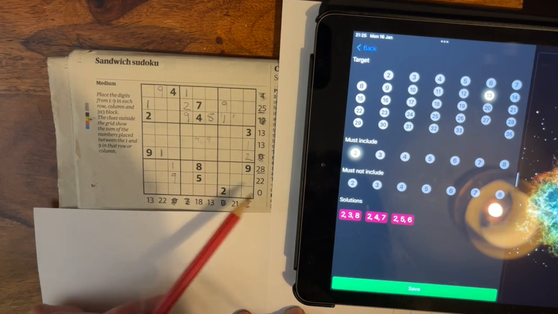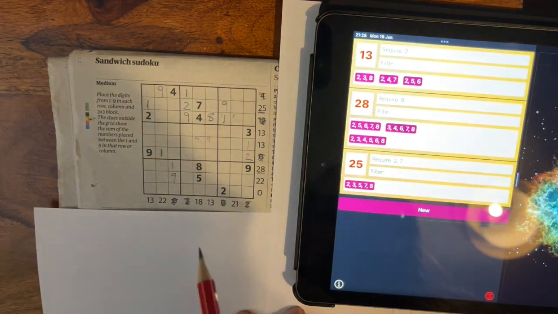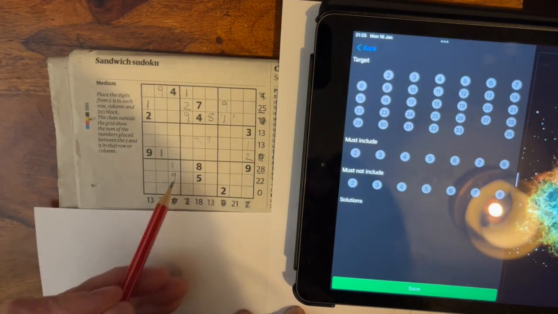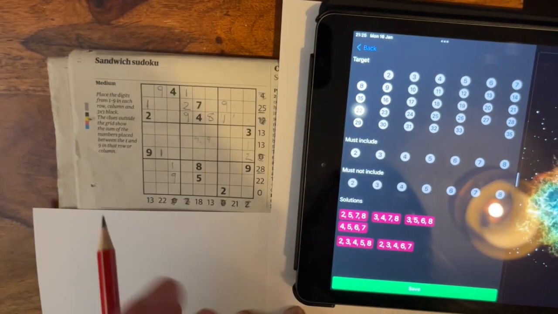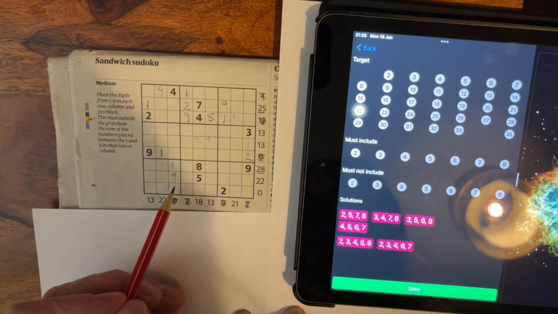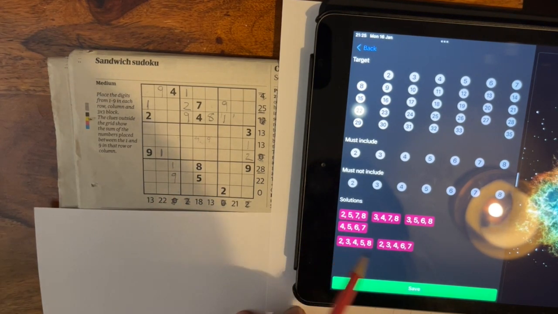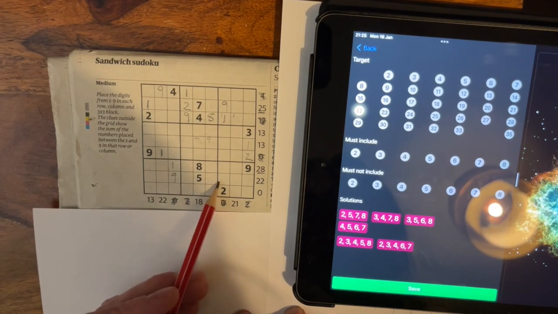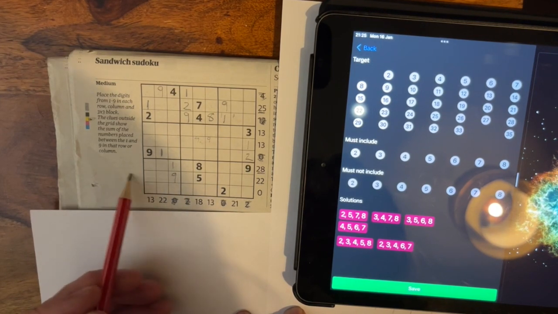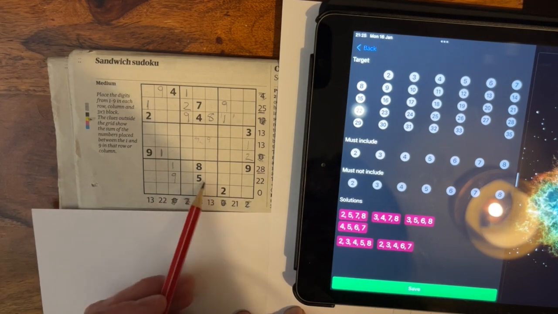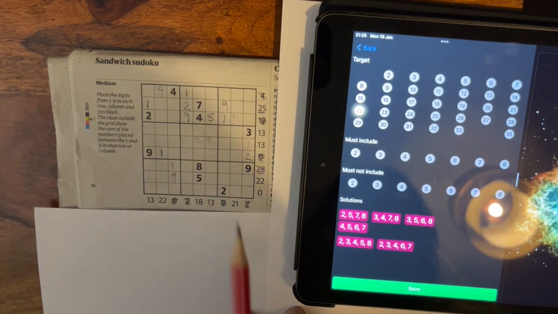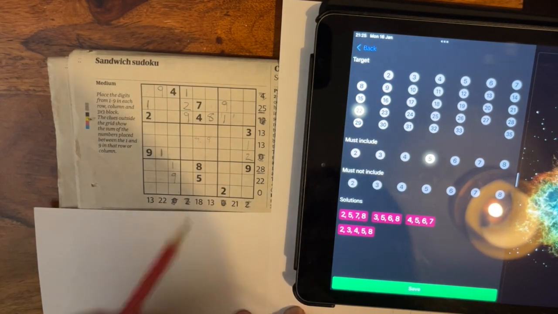We have a 22, maybe we can do a 22 going across here. So this is a 22, again it's a 4-digit or a 5-digit, so it can't go this way, there's only 2 digits there, so it has to go this way, so it will have to include the 5, so we can say it must include 5.